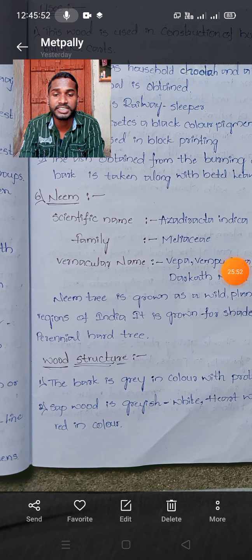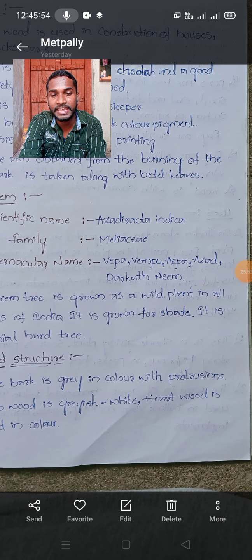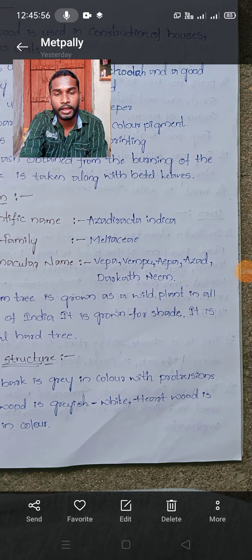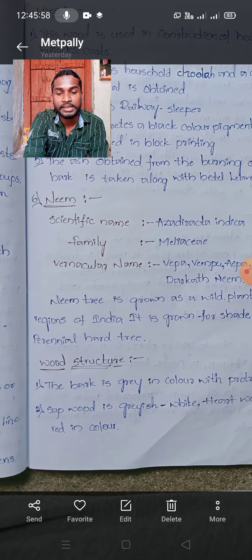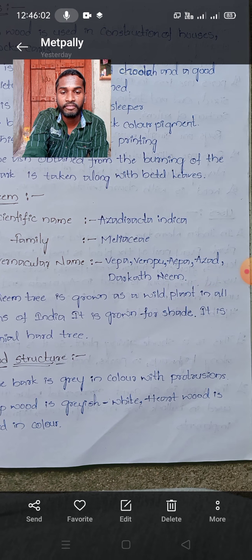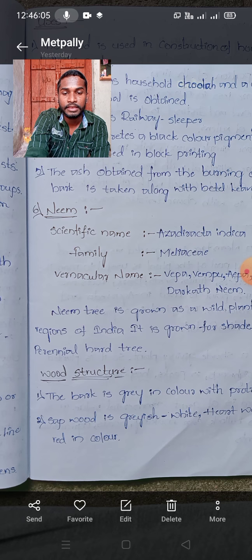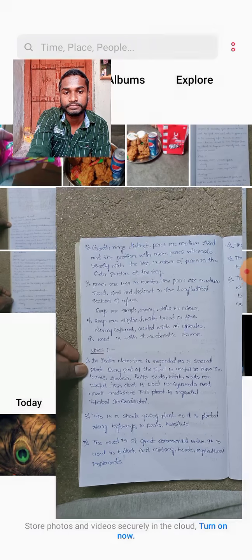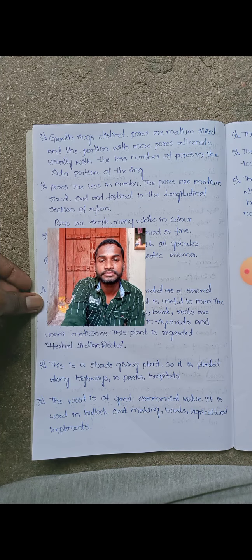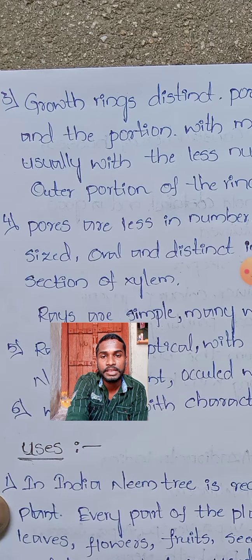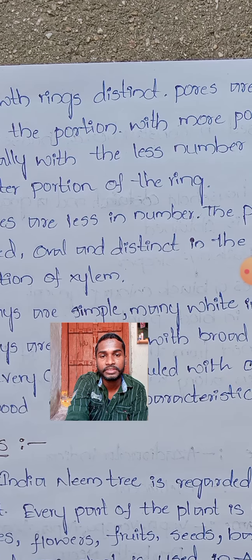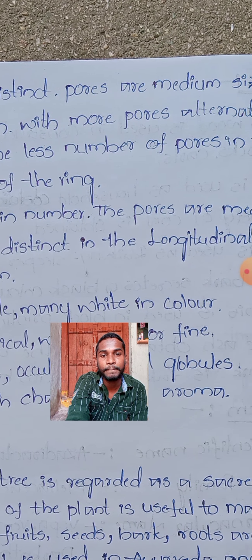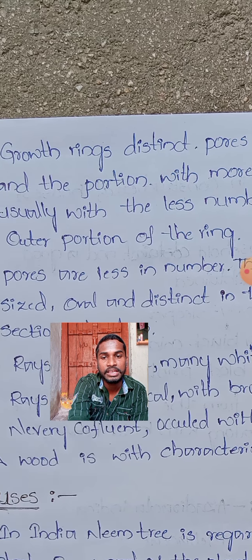The bark is grey in color. Sapwood is grayish white. Heartwood is red in color. Growth rings are distinct, and pores are medium sized.